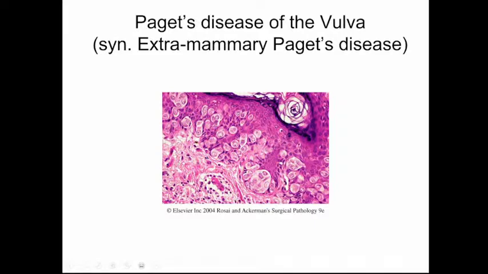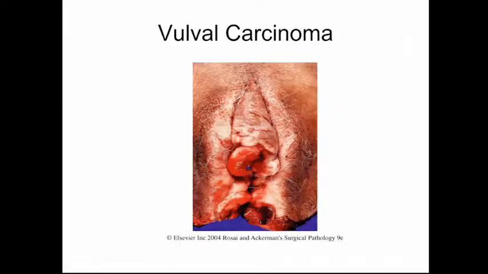And this is a photomicrograph, again from Ackerman's Surgical Pathology, an ulcerated tumor involving the labia, predominantly labia minora, and the clitoris. It's ulcerated and bleeding. It's a typical presentation.